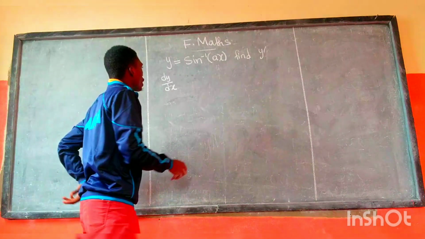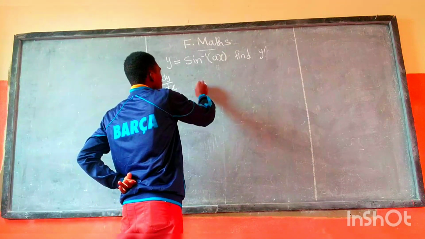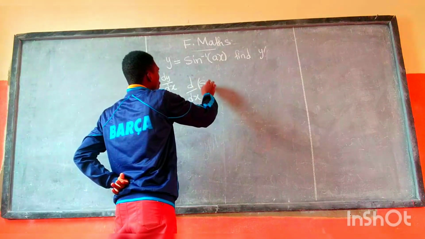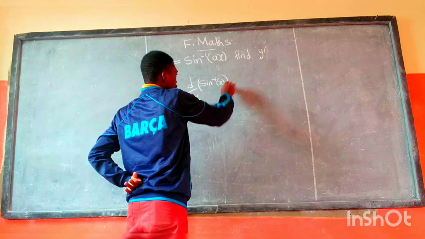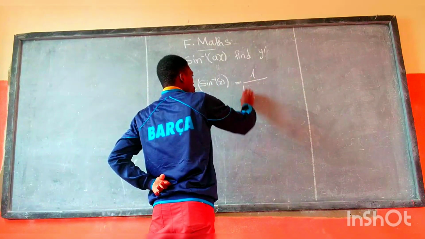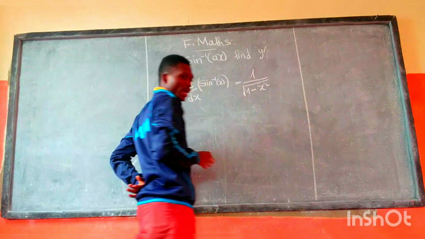But now I know that the derivative of sine inverse of x is equal to 1 over the square root of 1 minus x squared.